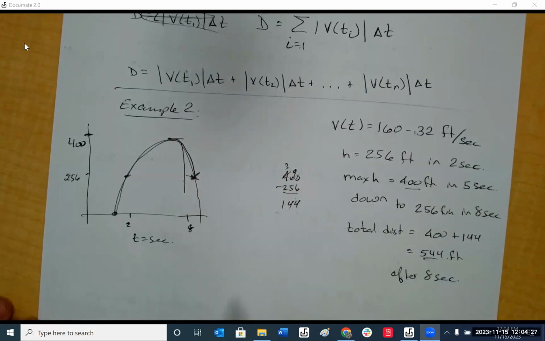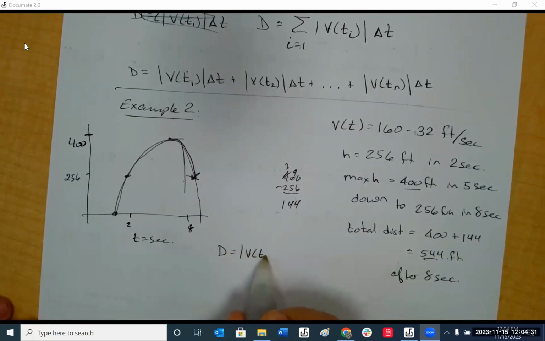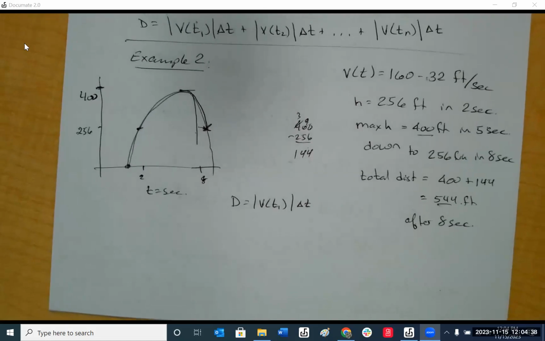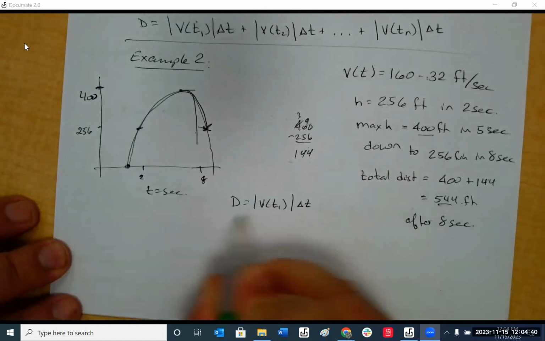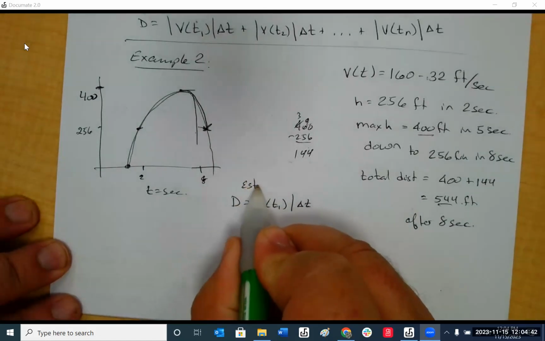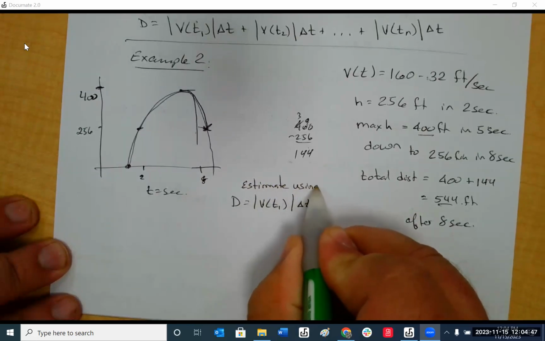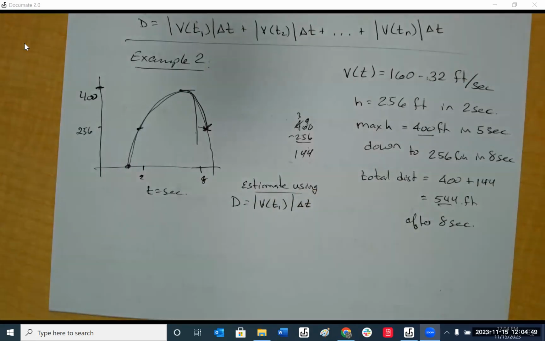Let's use our formula to figure this out. This is called the estimation. So how many time intervals does it want?